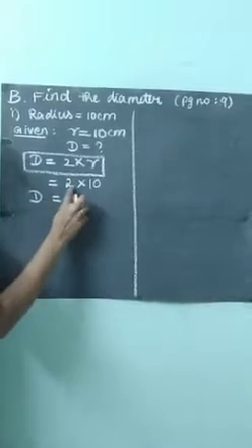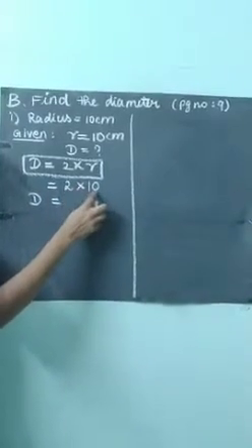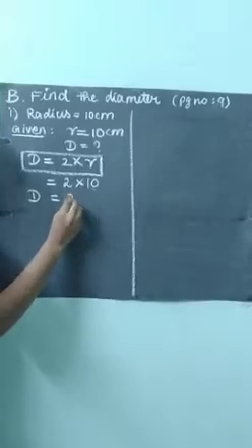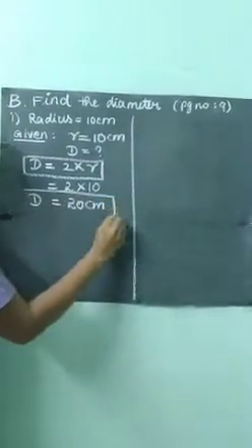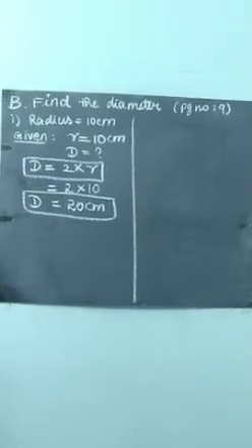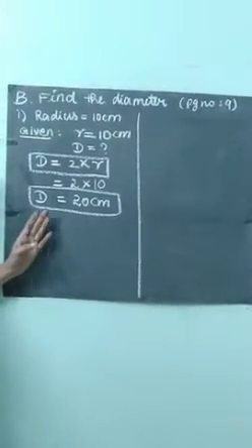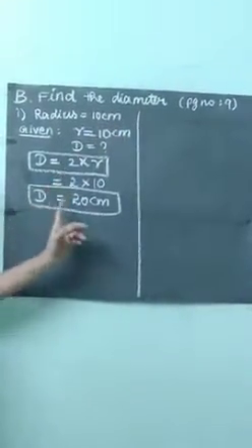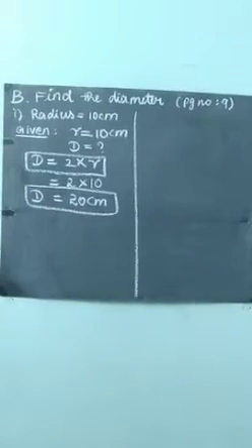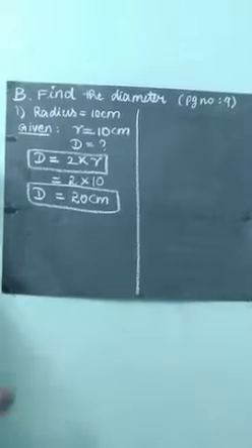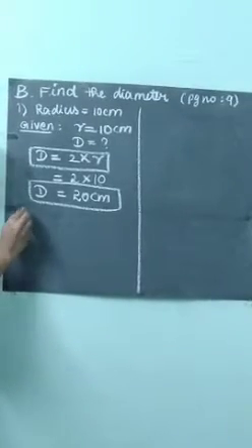Now D equal to 2 tens are 20. So 20 centimeter. Understood? Now we found the diameter. Diameter equal to 20 centimeter. Same like that, second sum.